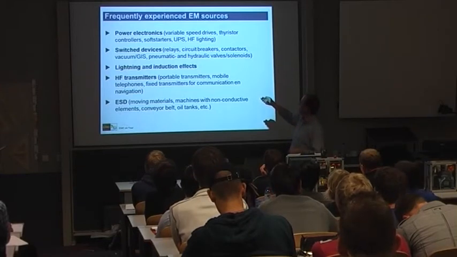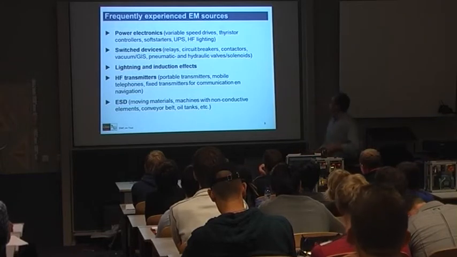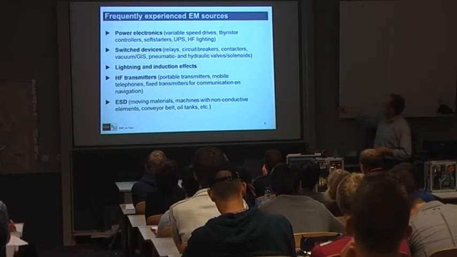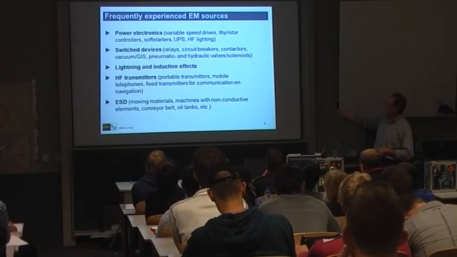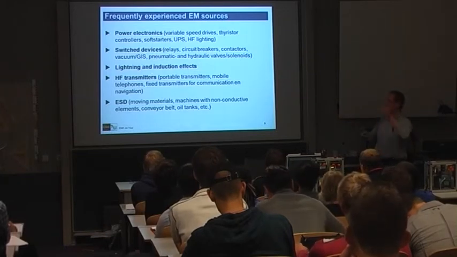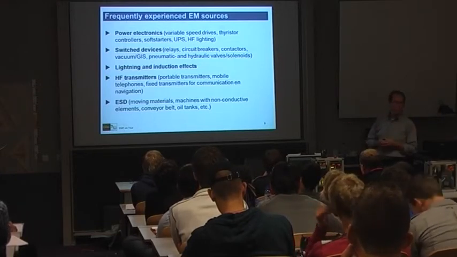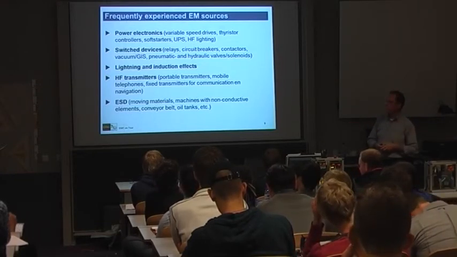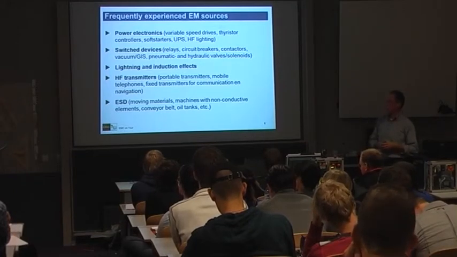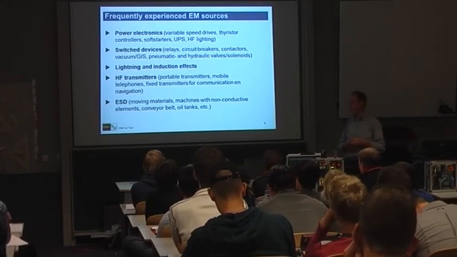Switch mode power supplies, UPS systems, circuit breakers, lightning. I think there's also a movie about lightning hitting a car. And it's not a problem. It's really fine. A metal car, sorry. A Faraday cage.